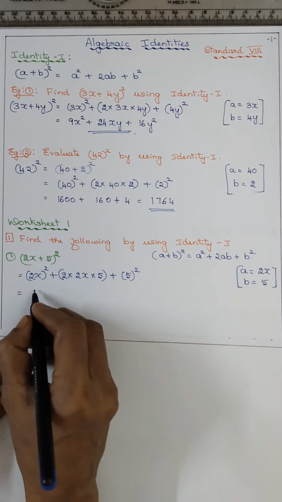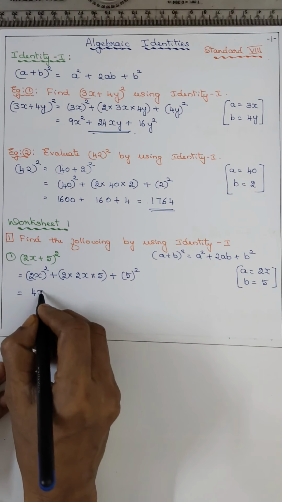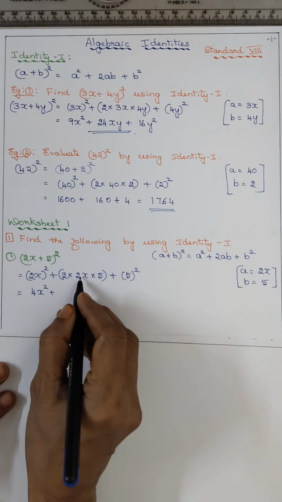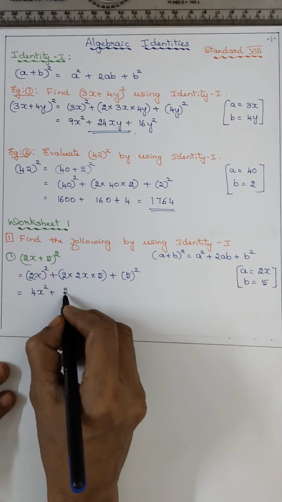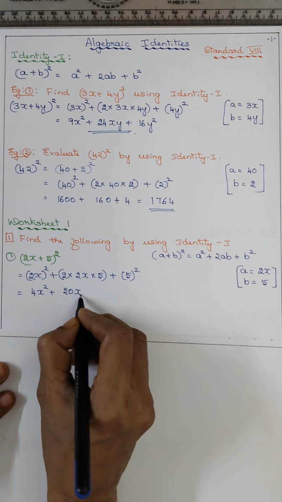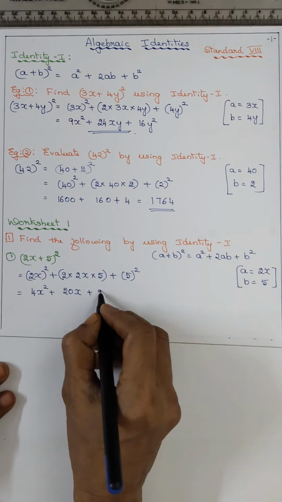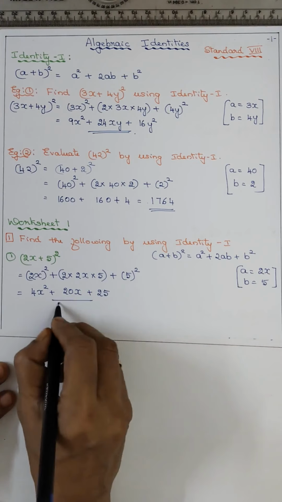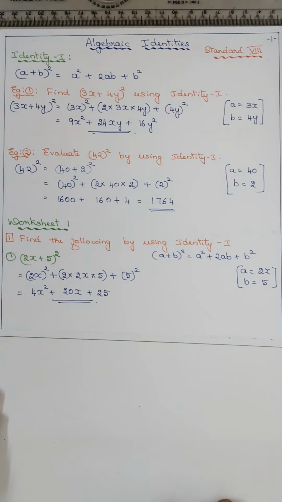Now 2 square is 4, this is x square, 2 2s are 4, 4 5s are 20, x, plus 5 square is 25. Hope you understood. Is everyone able to follow?